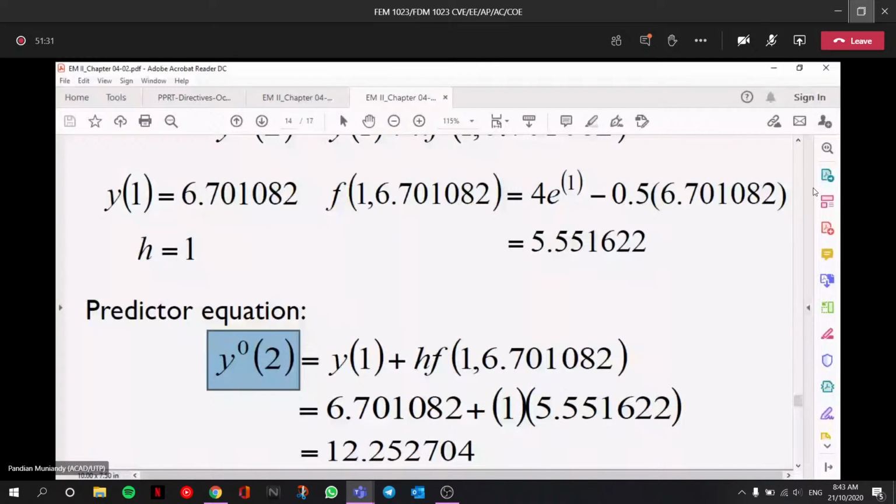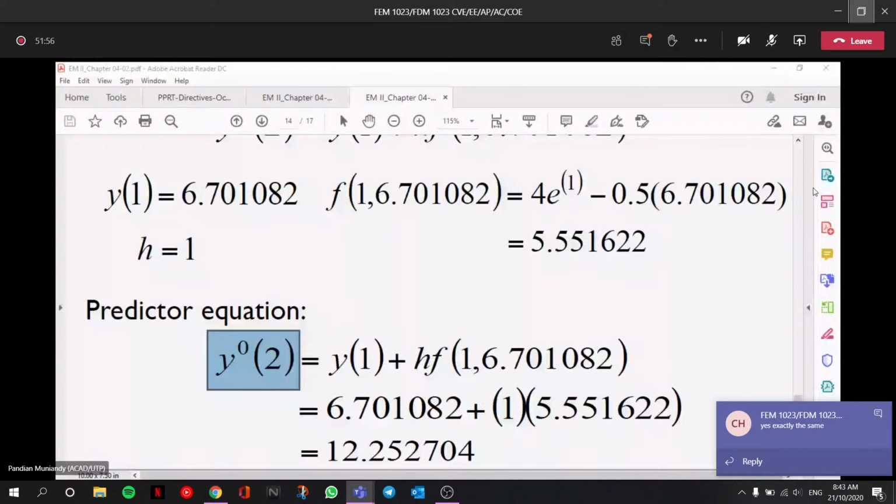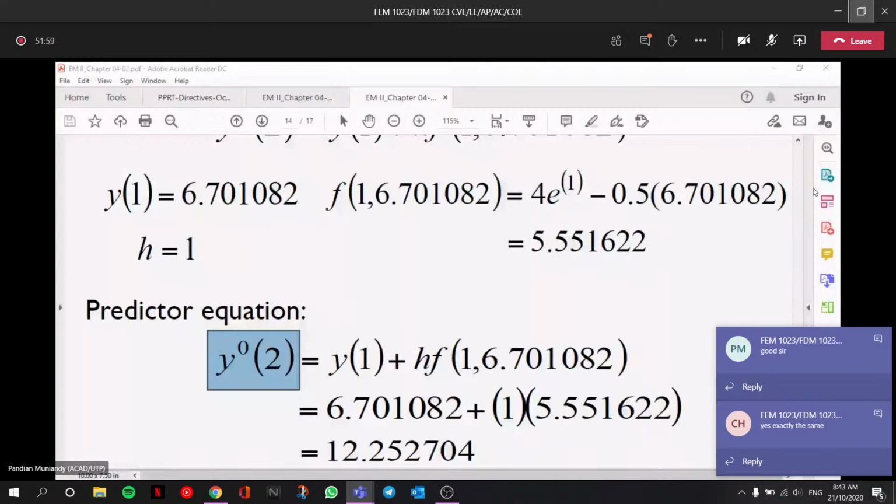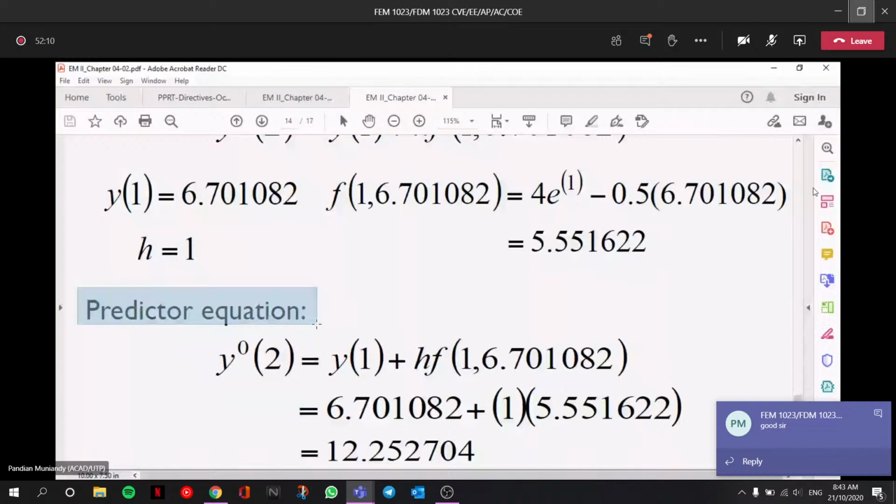Can you verify this, class? 12.252704. Okay, good. All right, now this is the predictor. Now we move on to the corrector.